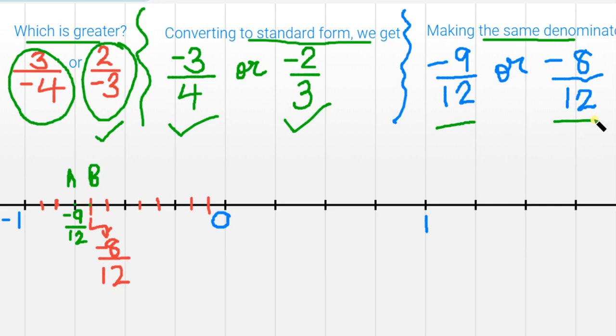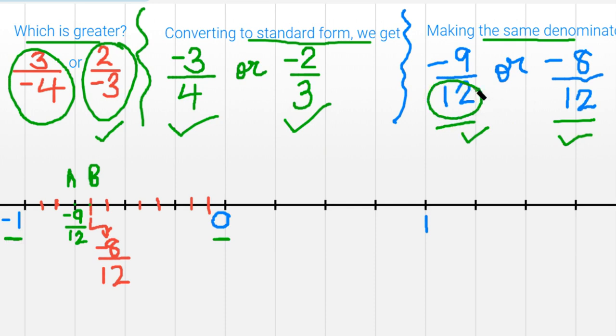After making the denominators the same, the next step is to represent these two numbers on the number line. As we all know, these are proper fraction rational numbers and they are negative, so they will lie between 0 and minus 1. Now how do I divide the region between 0 and minus 1? That will be told to me by the denominator.